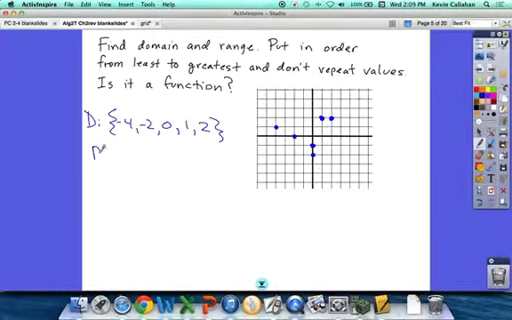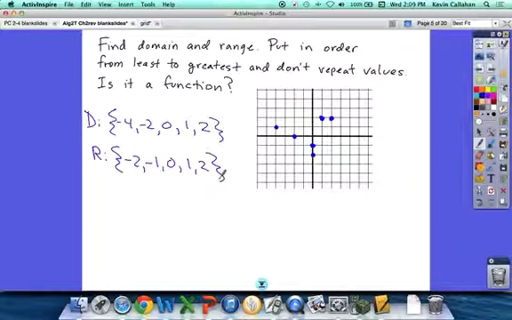Okay, how about the range? Okay, the lowest y value is negative 2. Negative 1, 0, 1, 2. And don't write it twice, even though there's 2 points. Negative 2, negative 1, 0, 1, 2.